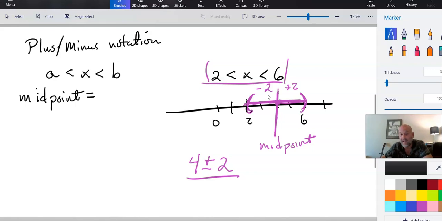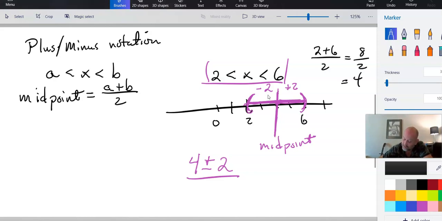So that means I add A plus B and divide it by 2. Notice over here it would work. That would be 2 plus 6 divided by 2, which is 8 over 2, which is 4. And that's my midpoint, right? We've already done this visually. So if I average the two of them and divide it by 2, that's my midpoint.